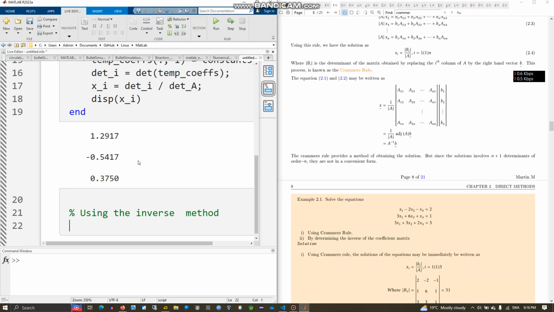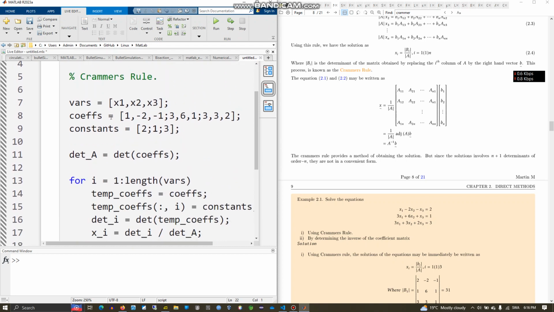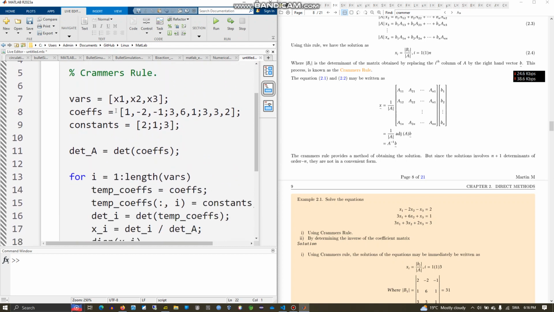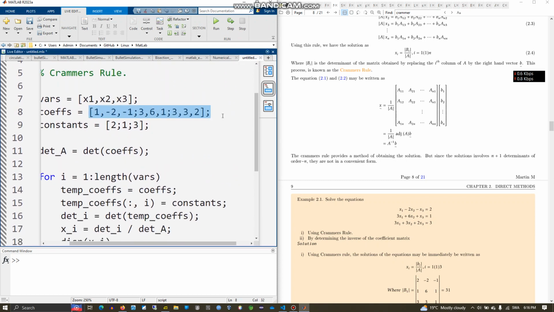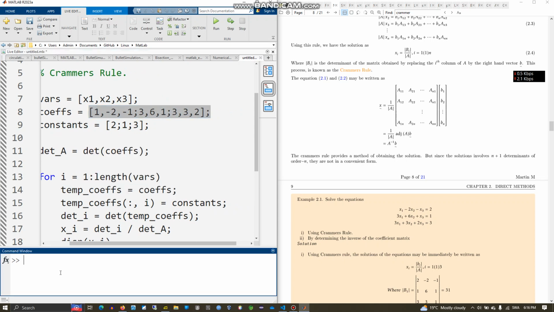So what we do, we have our coefficient matrix, let me copy this.